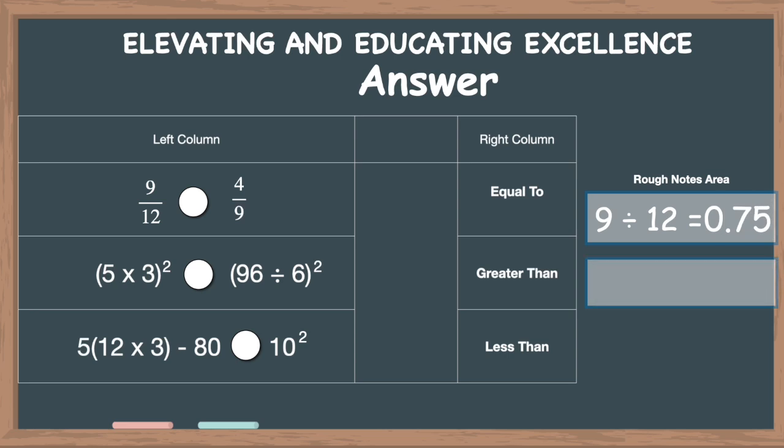And so we're going to write in the rough box 4 divided by 9. 4 divided by 9 equals 0.44. So what we're going to look at is which number is closest to 1, and that would be 0.75. Therefore, it is greater than 0.44, which is closer to 0. Therefore, the answer is greater than. So we're going to draw a line going towards greater than.